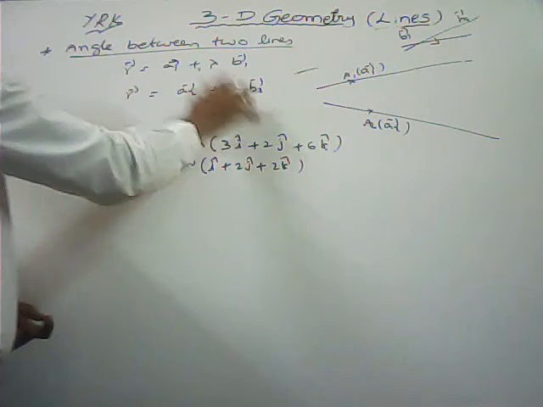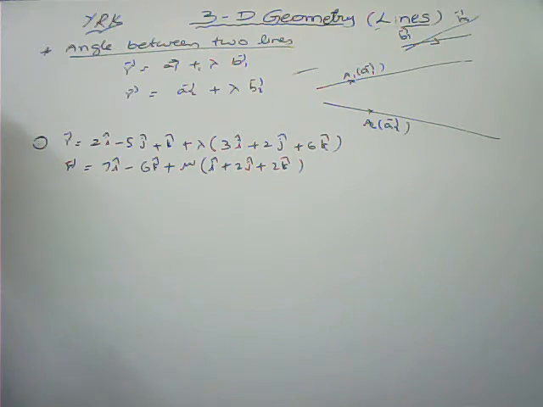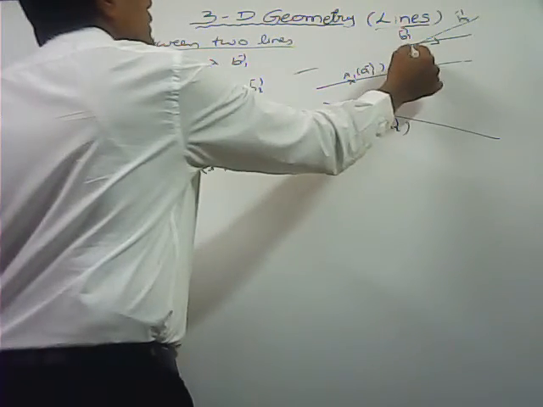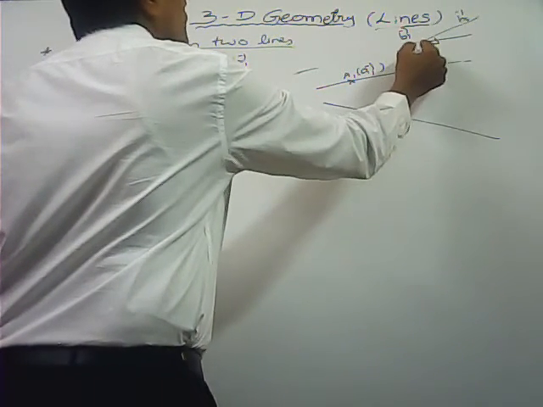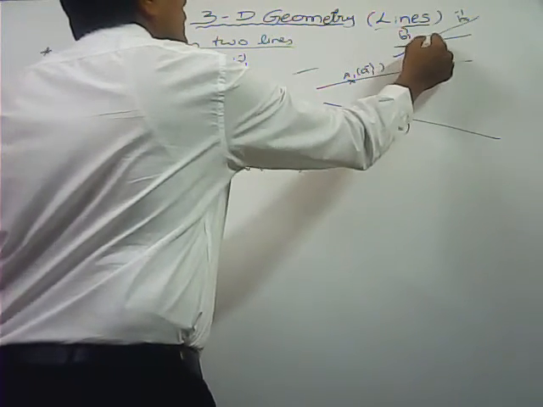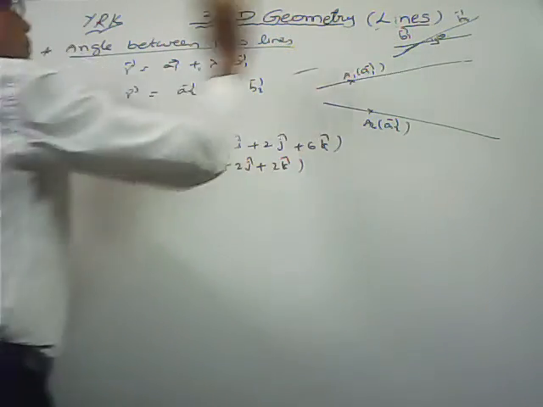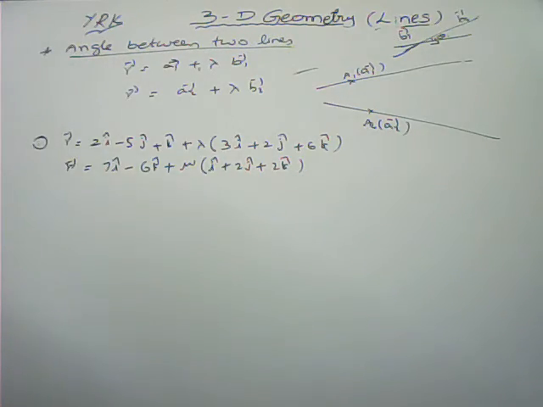The parallel vector is also given. In that vector direction the line passes. Now the angle between these two lines is nothing but the angle between their parallel DRs, the angle between b1 bar and b2 bar. Here one example we are also discussing.